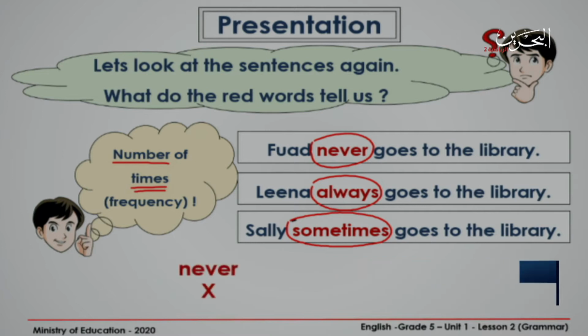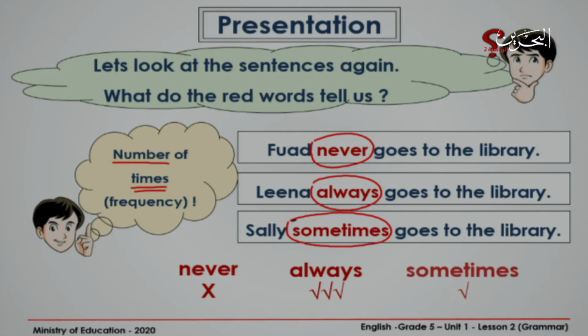Remember, if you see one X under a picture or a row filled with X's, it means never. And if you see 3 ticks under a picture or a row filled with ticks, it means always. And if you see 1 tick only under a picture or 1 tick only in a row, it means sometimes.